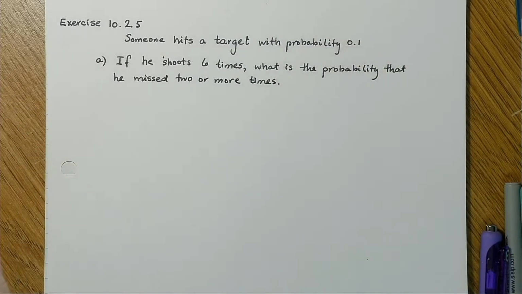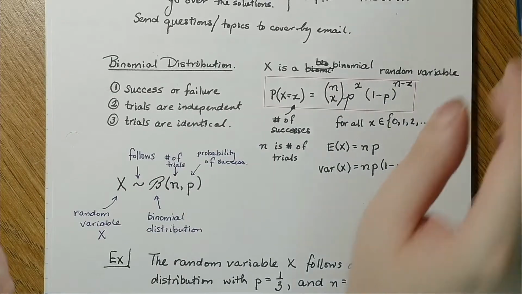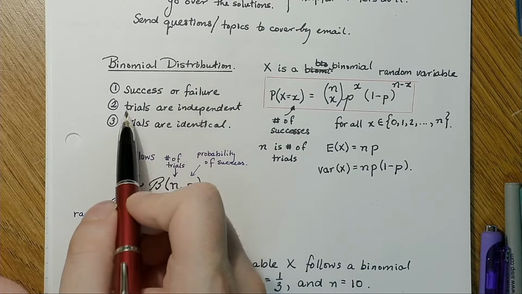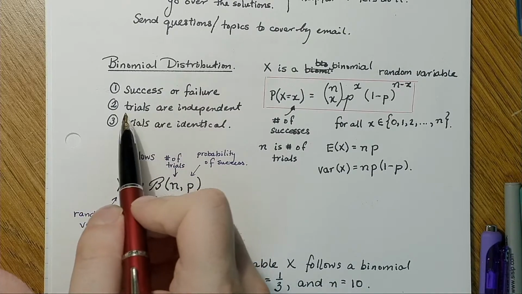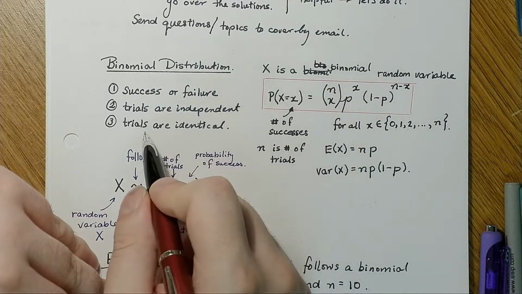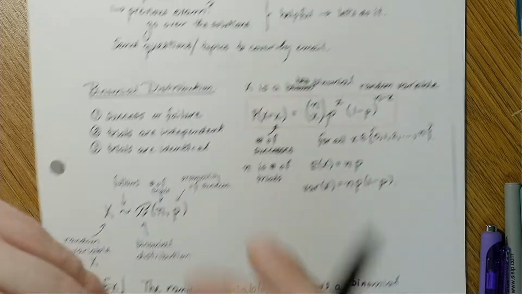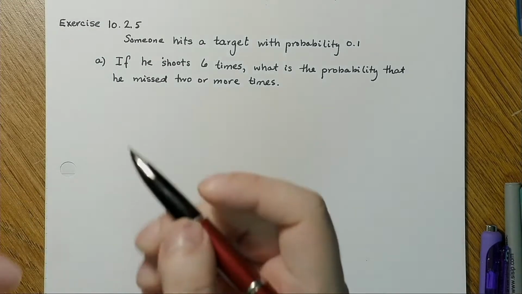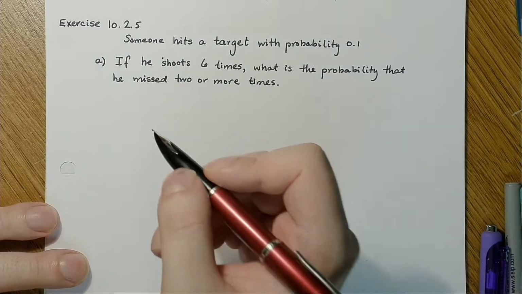Okay, so again, this would follow a binomial distribution quite easily because we can define a success or a failure. We're going to assume that the shots are independent and the trials are identical.